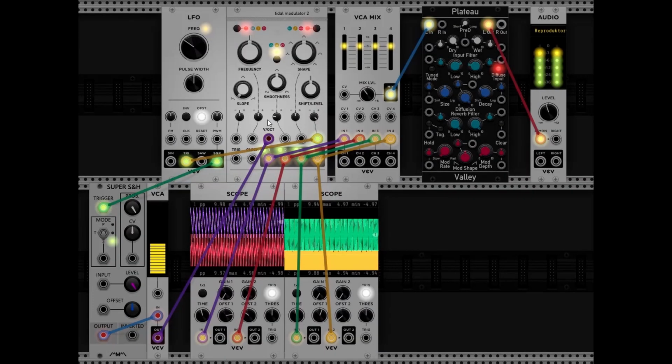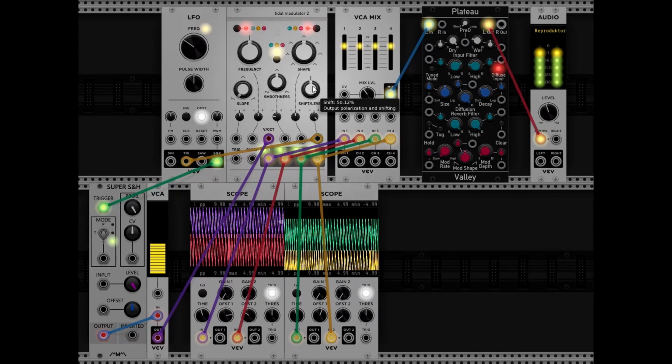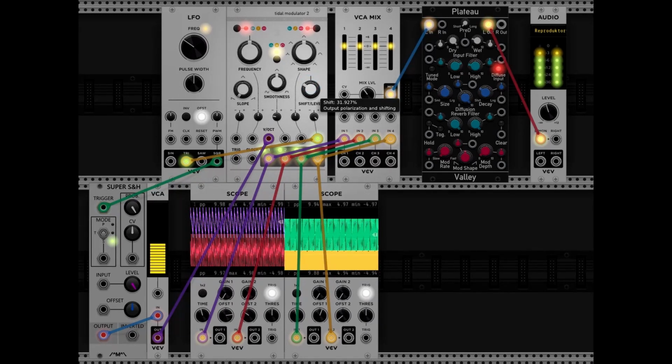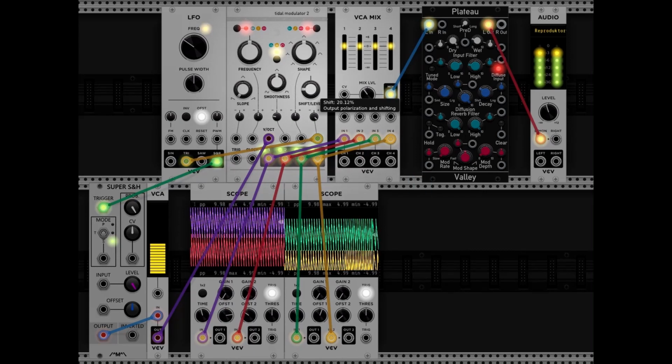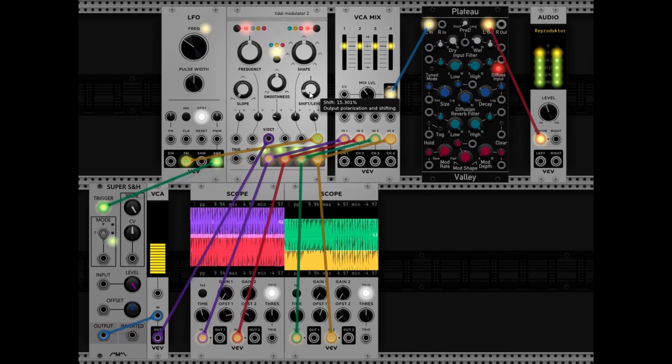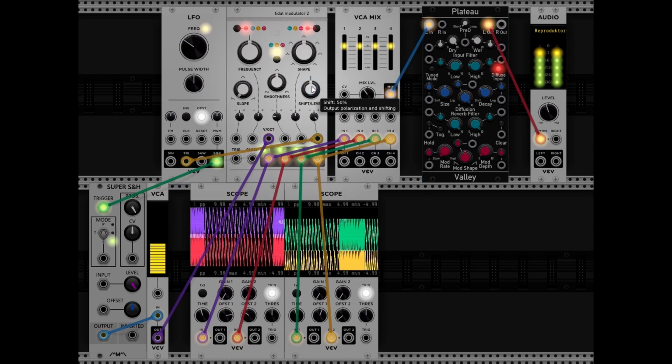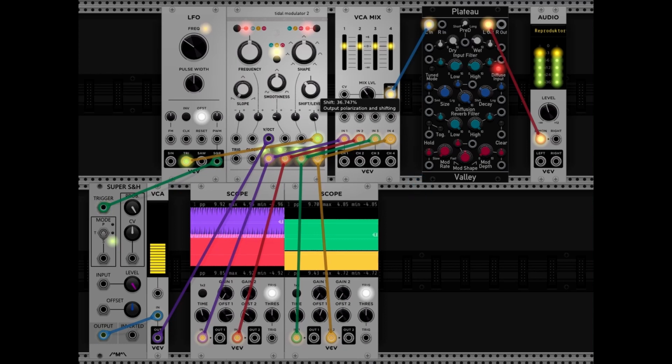Or different chords like this. And mess around with the shift level knob. All right.